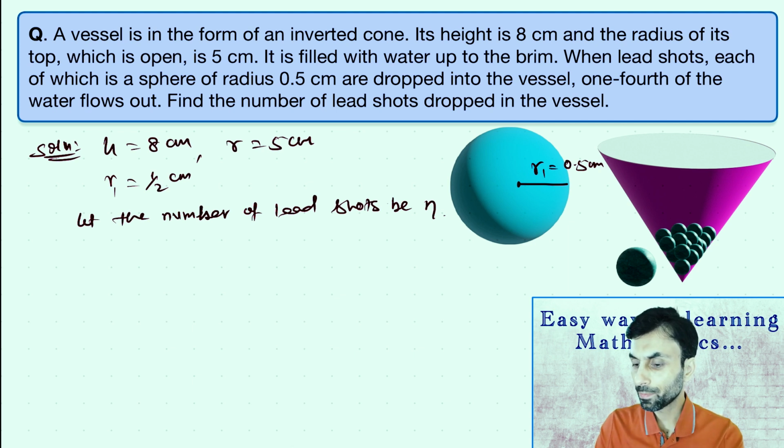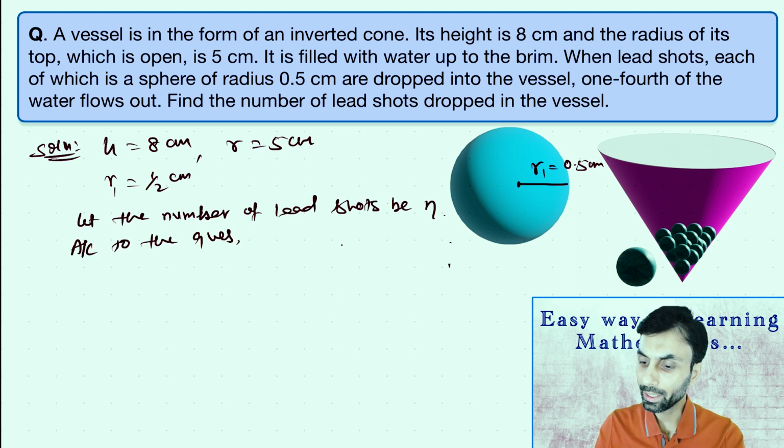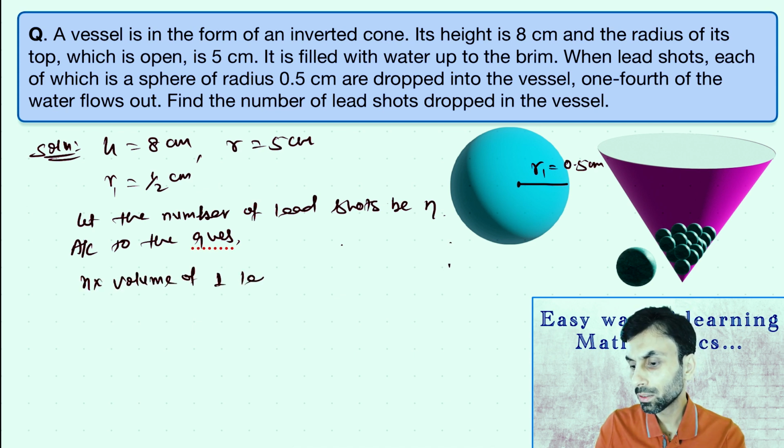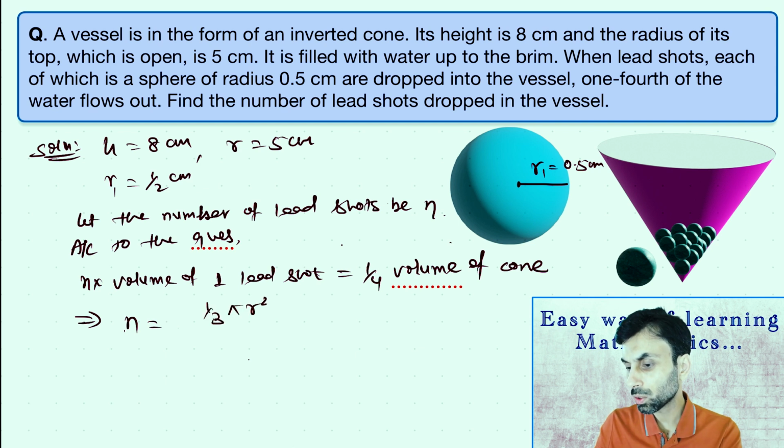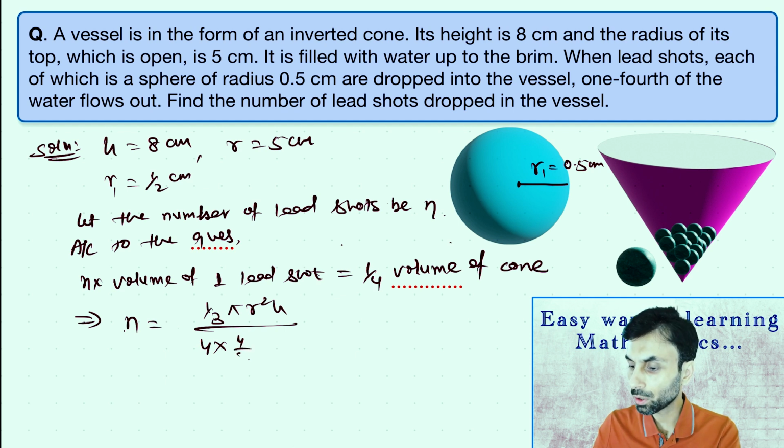So here we can say that according to the question, n into volume of 1 lead shot will be equal to 1/4 of volume of cone, which means n will be equal to volume of cone, which is 1 by 3 pi r square h, upon 4 into volume of 1 lead shot, that will be 4 upon 3 pi r1 cube.